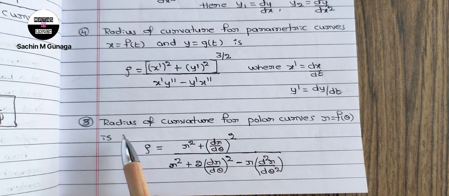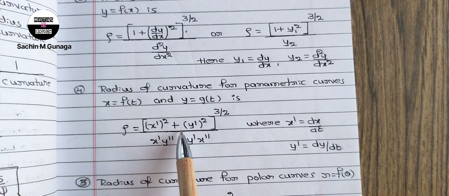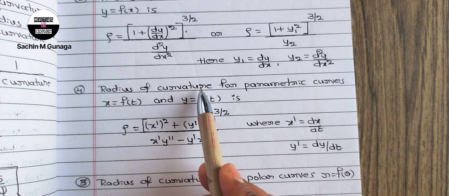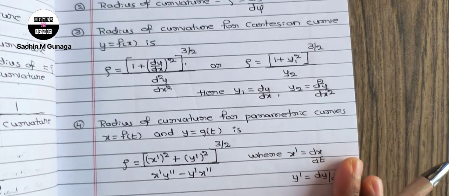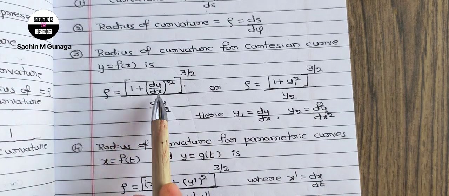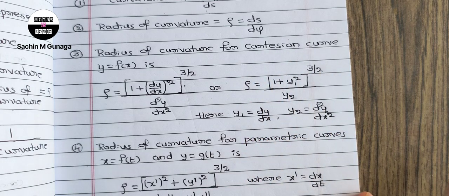So this is the formula for radius of curvature for which curve? Polar curve. This is the formula of radius of curvature for parametric curves. And this is the formula for radius of curvature for the Cartesian curve.